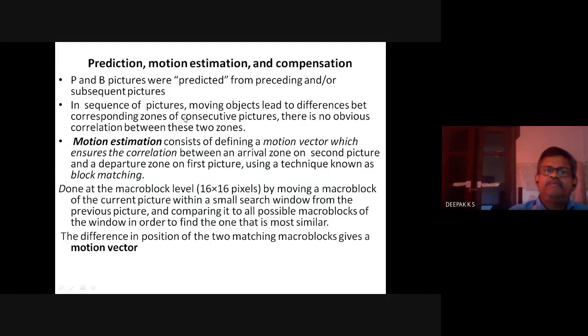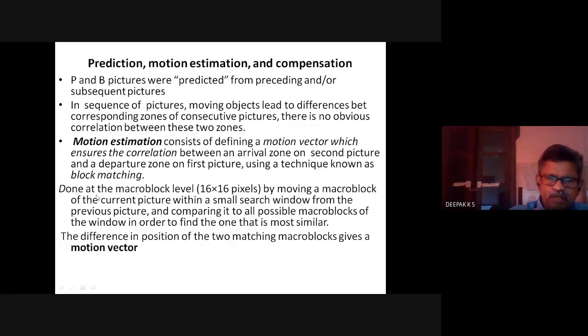In a sequence of pictures, moving objects lead to differences between corresponding zones of consecutive pictures. So there is no obvious correlation between these two. So motion estimation consists of defining a motion vector which ensures the correlation between the arrival zone on the second picture and the departure zone on the first picture using a technique known as block matching.